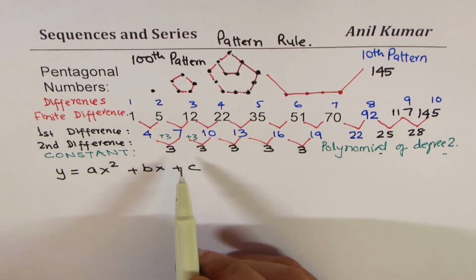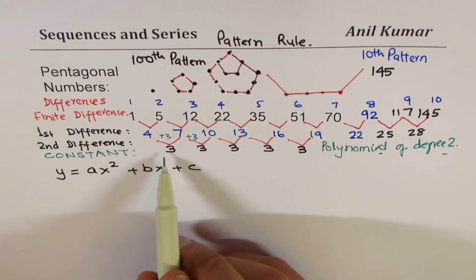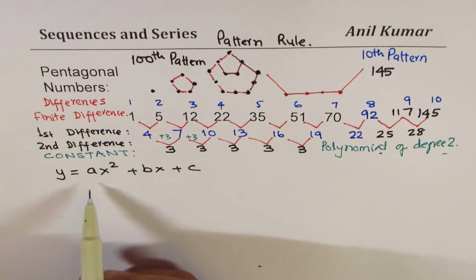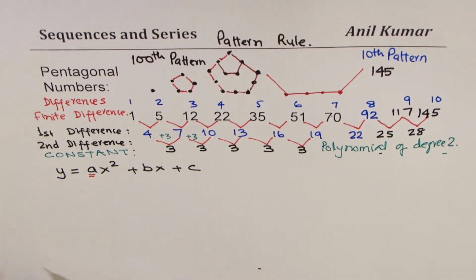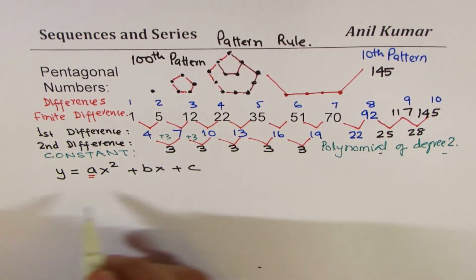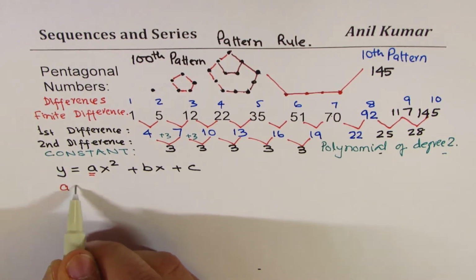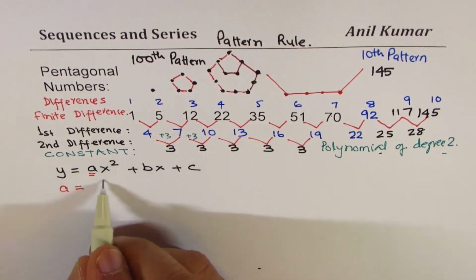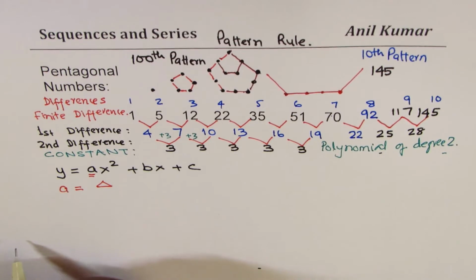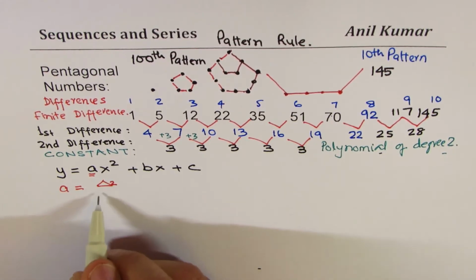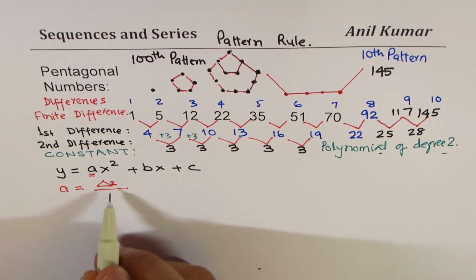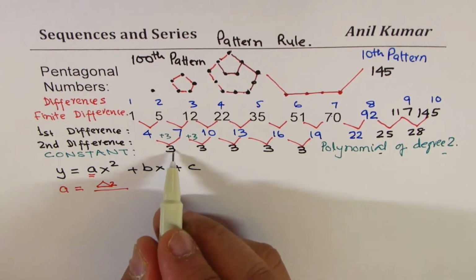And as you might know, this second difference is also related with a. How is it related? a is equal to the constant finite difference, which is the second one for us, divided by 2 times 1 if the second one is constant.